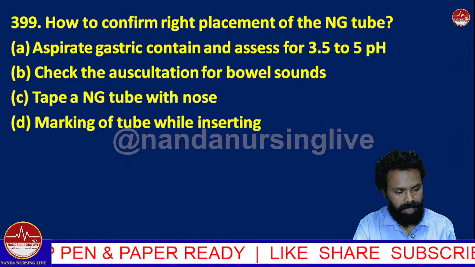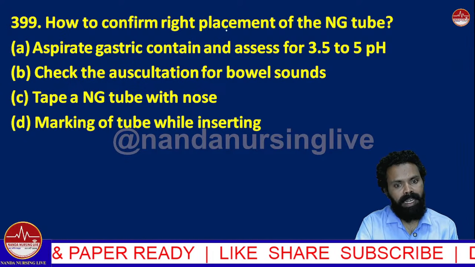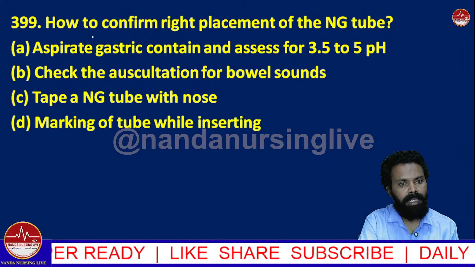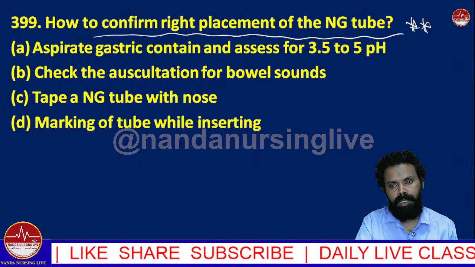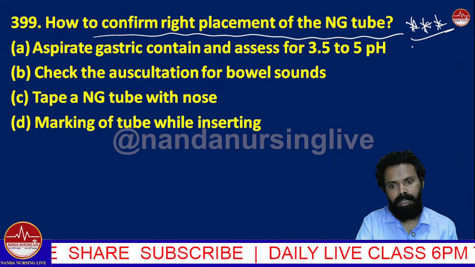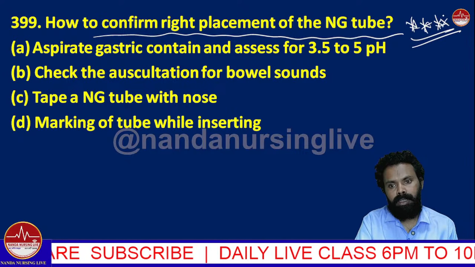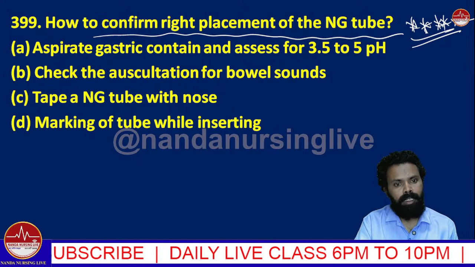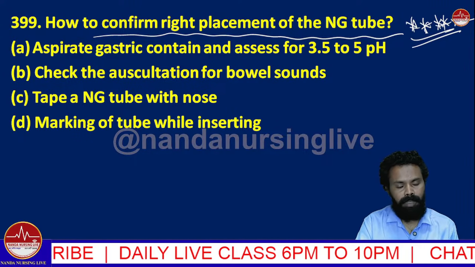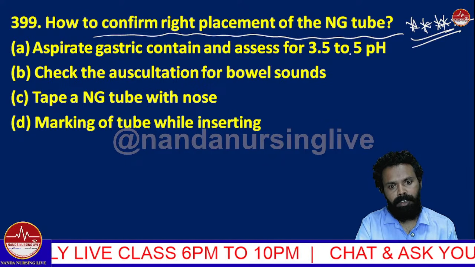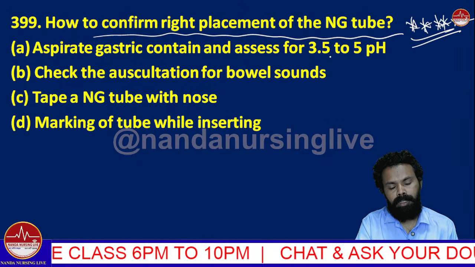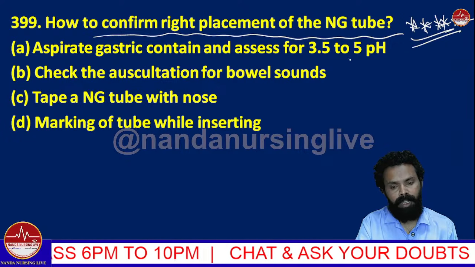Next question, question number 399. How to confirm right placement of the NG tube? Most important MCQ. Option A, aspirate gastric content and assess for 3.5 to 5 pH.